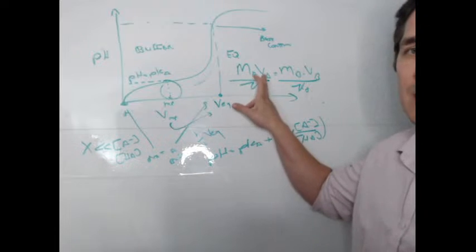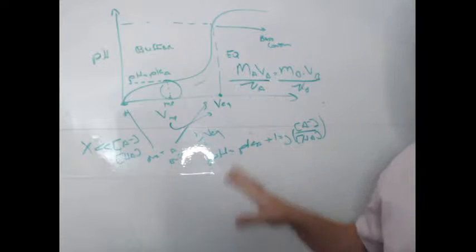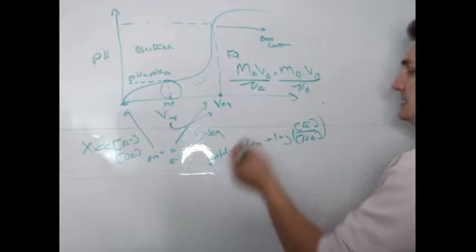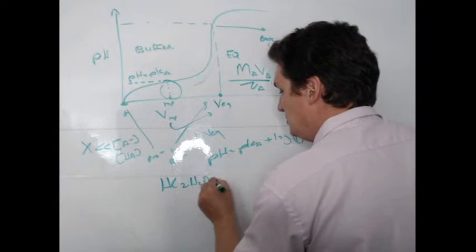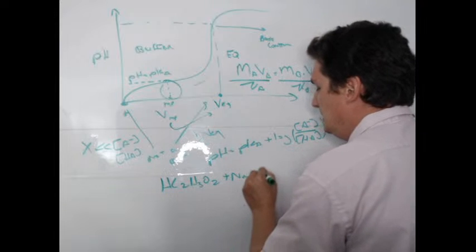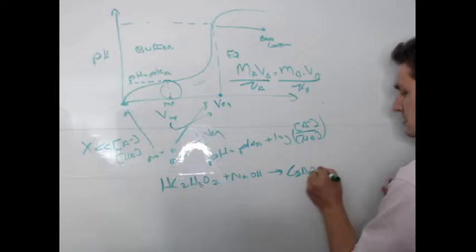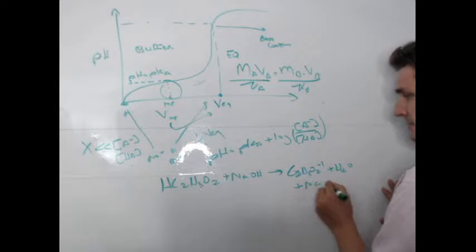So the molarity of the acid times the volume of acid divided by its reaction coefficient equals the molarity of the base times the volume of the base divided by its reaction coefficient. So if we're looking at acetic acid, I got it written down here, HC2H3O2 reacting with NaOH, going to acetate, C2H3O2 minus 1, plus water, plus Na.